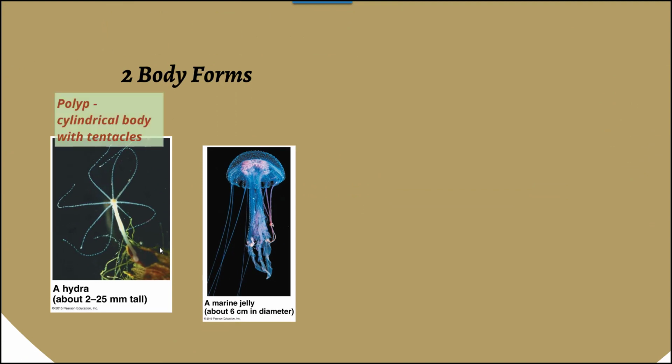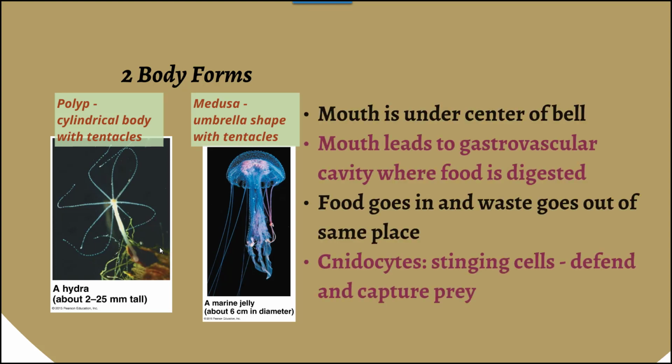There is the polyp form, which is a cylindrical body with cute little tentacles, such as the hydra over on the left-hand side, or the medusa form, which is more of an umbrella shape that has tentacles spanning out from it. The mouth is going to be under the center of the bell for this jellyfish, and in the center of the cylindrical body for the polyp.